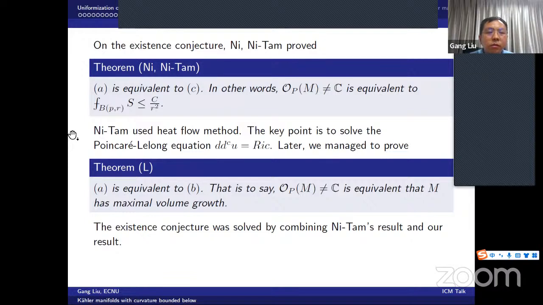The key is to solve the Poincaré-Lelong equation. Later, we managed to prove that A is equivalent to B. In other words, the existence of a non-constant polynomial growth holomorphic function is equivalent to the manifold having maximal volume growth. So putting these two things together, we can solve the existence conjecture.